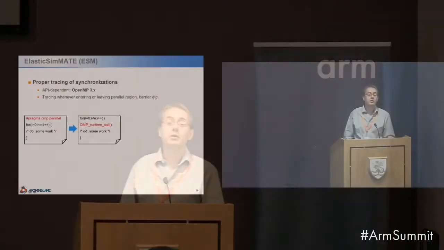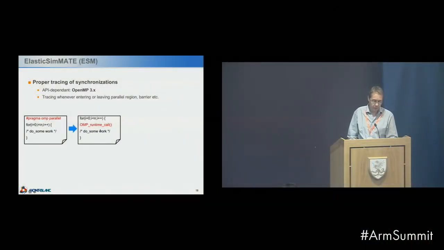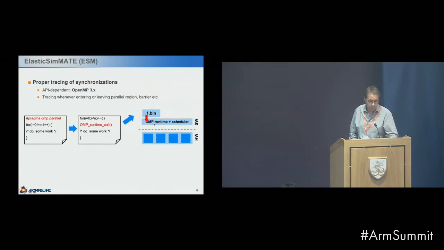When you run the compilation, then the preprocessor embeds calls directly to the runtime here. So that's here again abstracted away as an OpenMP runtime call. And then it creates a binary. This binary calls at runtime the OpenMP runtime and the scheduler, that takes care when reaching the parallel region to create threads onto the cores that are available in the architecture.